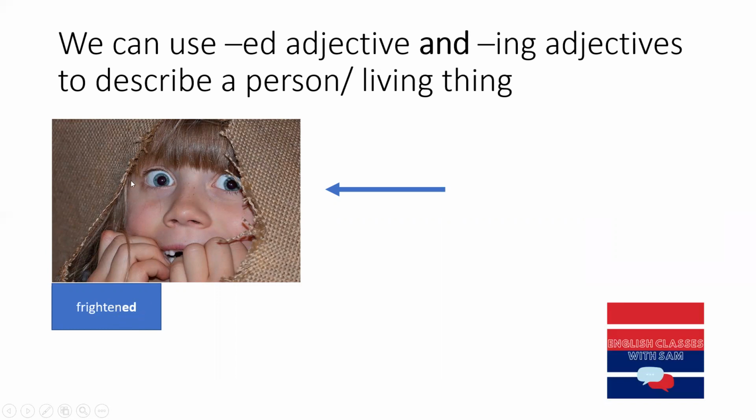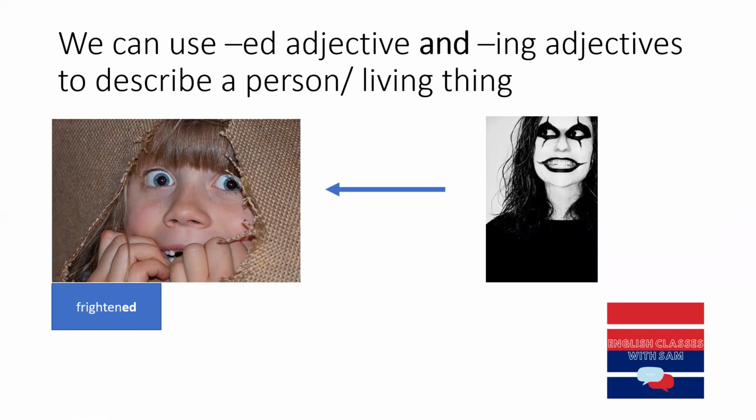Why is she frightened? Here we have a very frightening person. Yeah, they're dressed up looking extremely frightening. So frightening because they are affecting what this little girl is feeling. All right, so people can sometimes use both the ED or ING adjectives depending on if it's the feeling that they have or it's making others around them feel this.